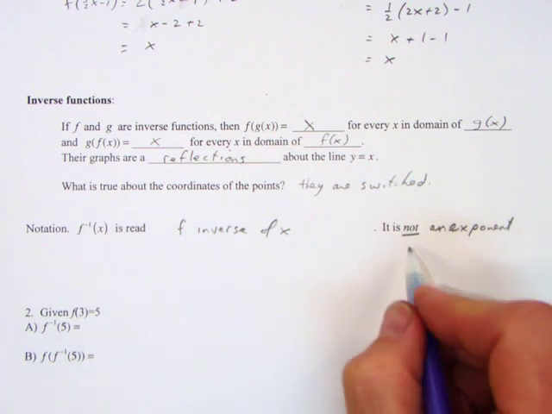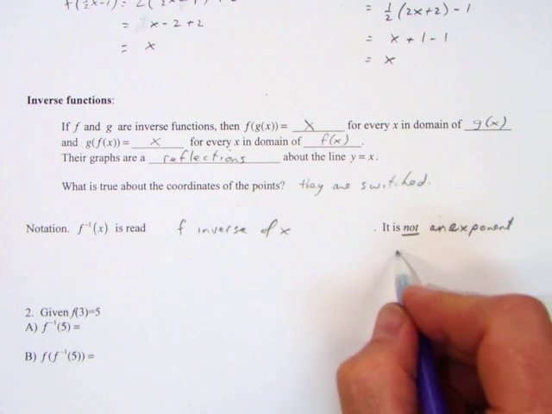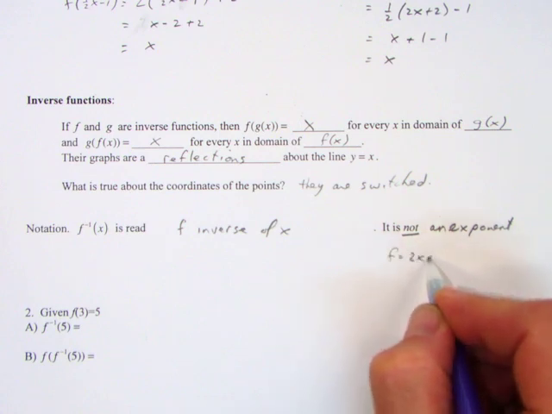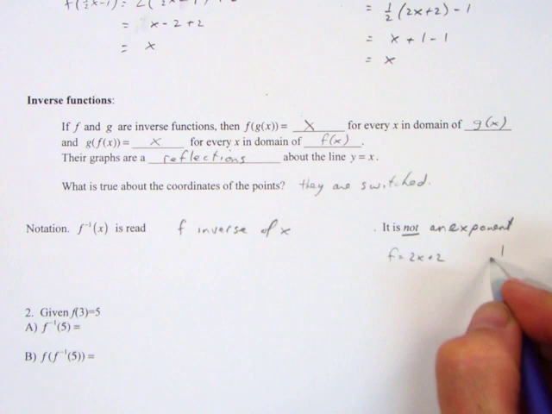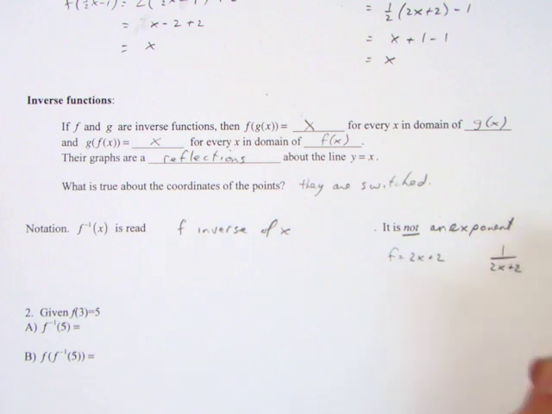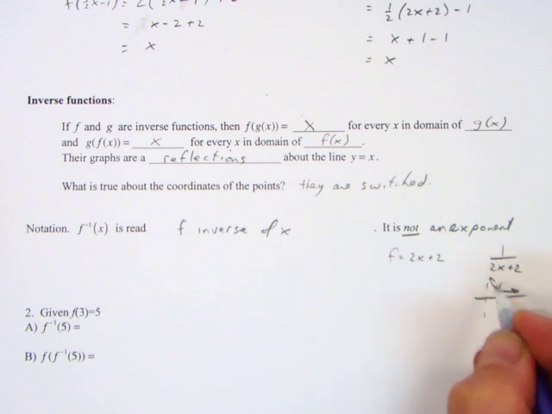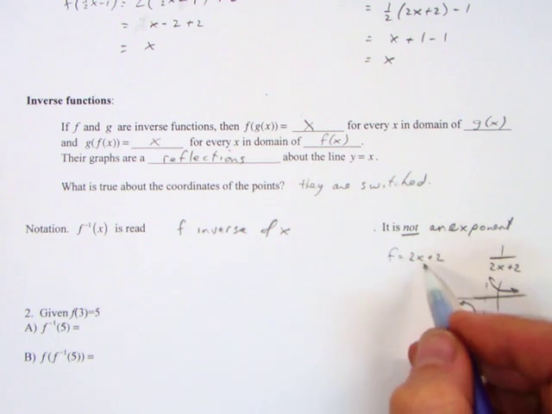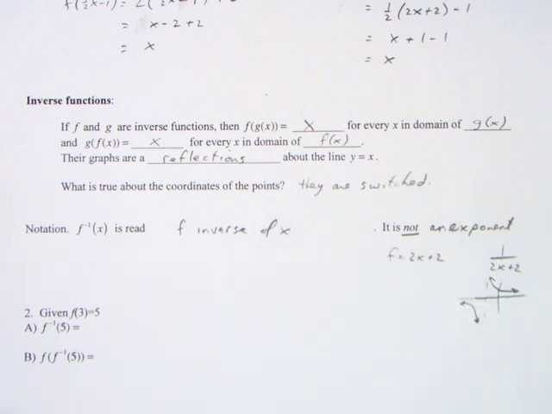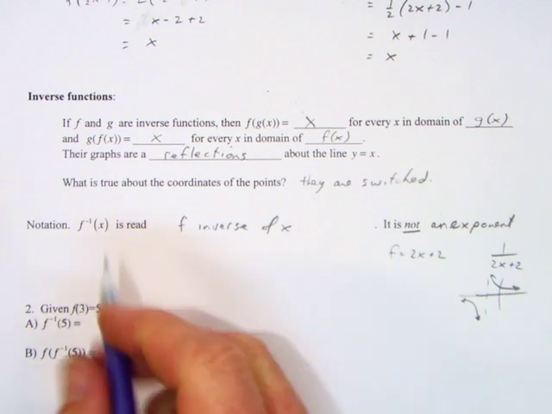If you think about it, we had f equals 2x plus 2. If you looked at the graph of 1 over 2x plus 2, remember that would be a graph that looks like this. That's definitely not the inverse of a line. So reciprocal and inverse are different things here.